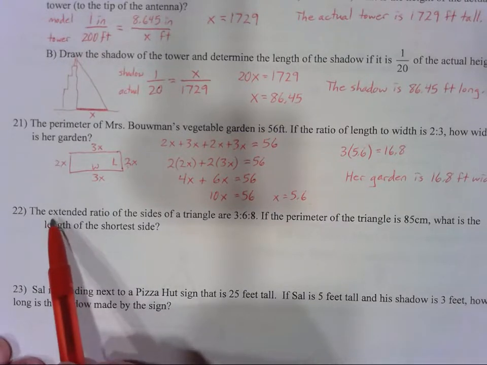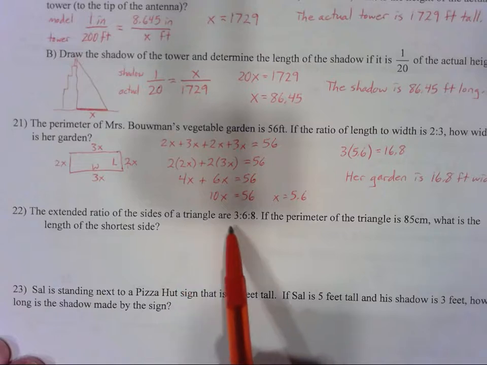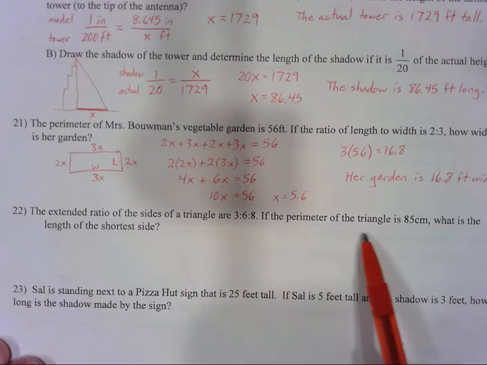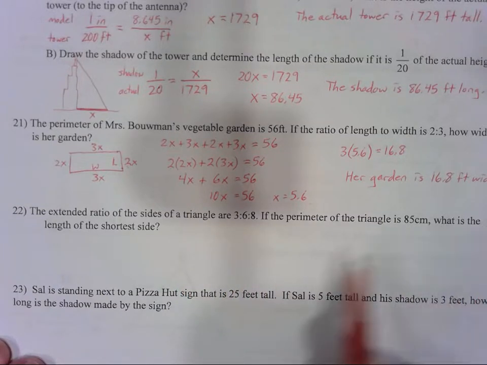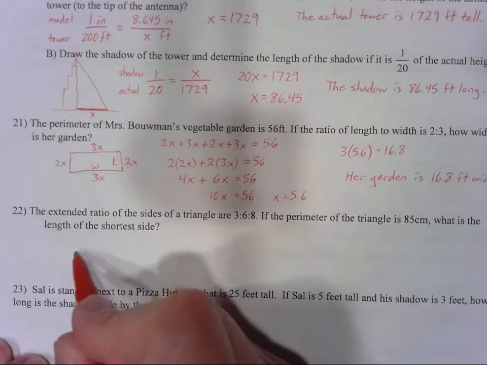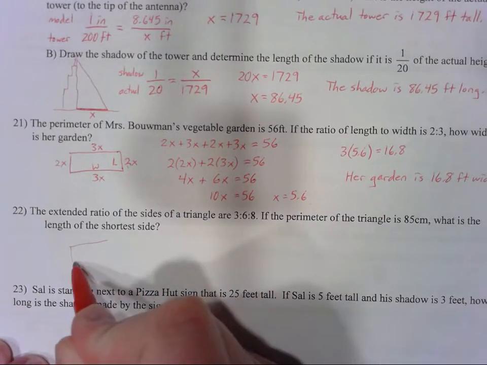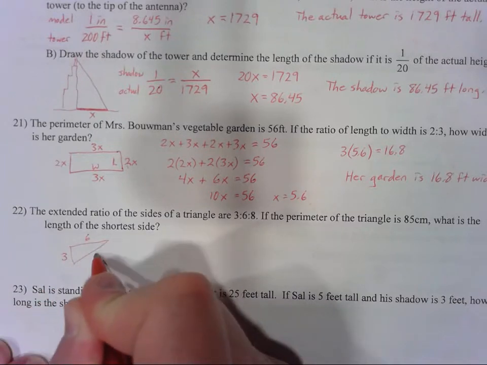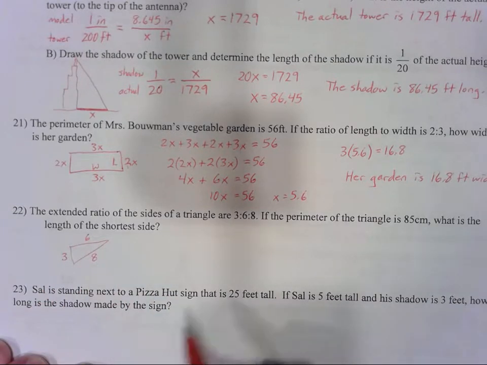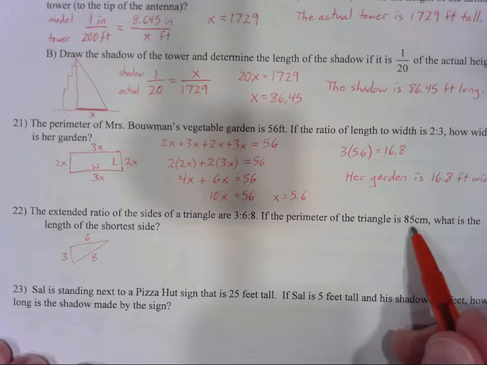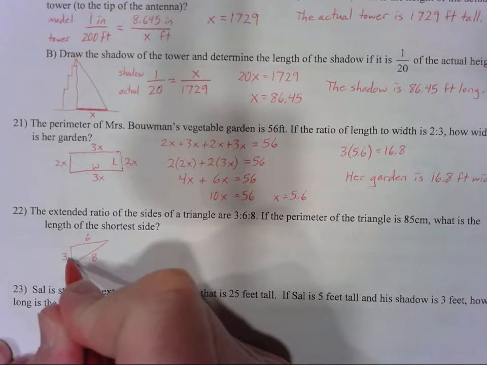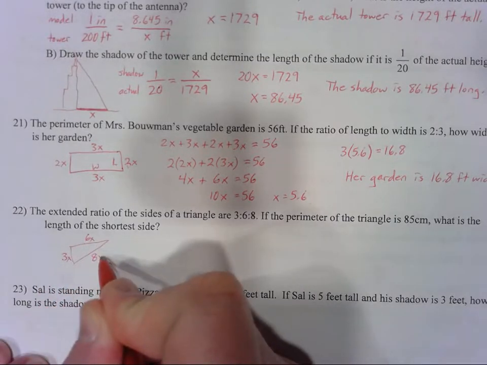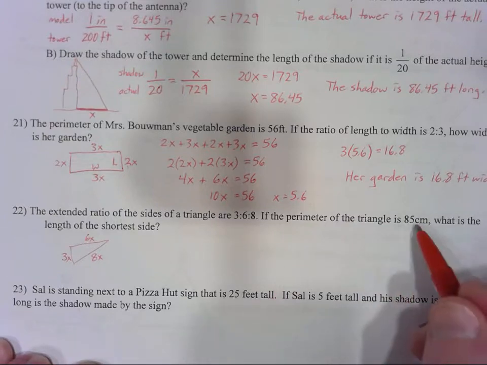The extended ratio of the sides of a triangle are 3 to 6 to 8. If the perimeter of the triangle is 85 centimeters, what is the length of the shortest side? So I've got my triangle, ratio is 3 to 6 to 8, but the perimeter is 85. So I have to multiply the 3 and the 6 and the 8 by something to get 85.